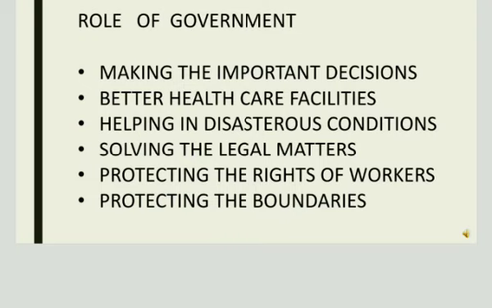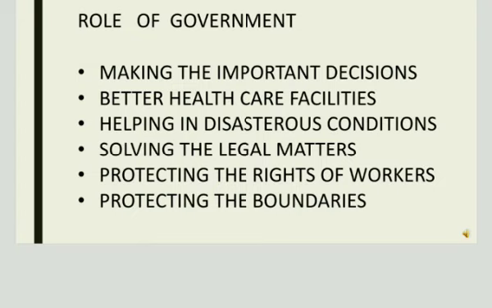If we discuss the different roles of government, the government has the job to protect the boundaries of the country and maintain peaceful relations with other countries. It is also responsible for assuring that all its citizens have enough food and good health facilities.